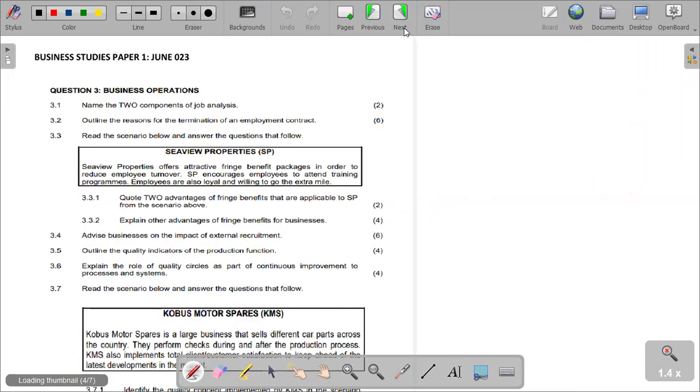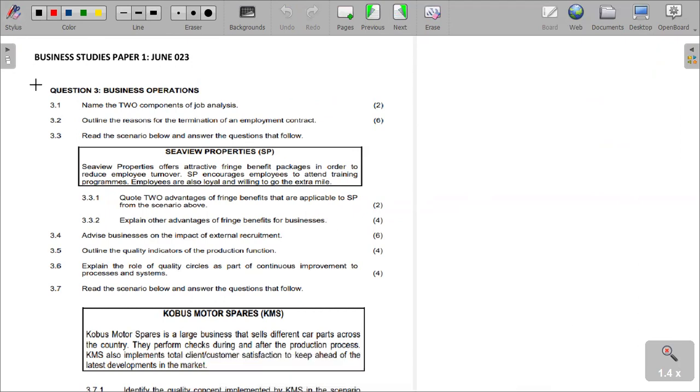We can now go to our next question. Question 3 wants us to name 2 components of job analysis, question 3.1.